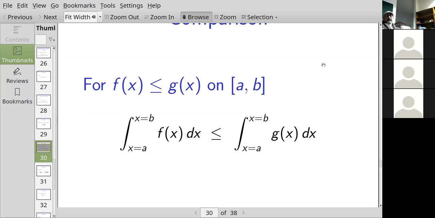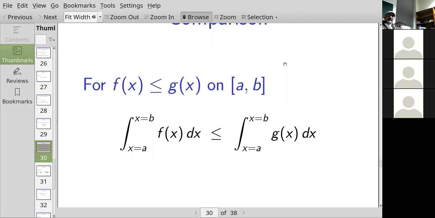How can the areas be different? No, both of these functions are defined on the interval from a to b, and the graph of g of x is higher up on your graph paper than the graph of f of x. So the area under g is bigger than the area under f.